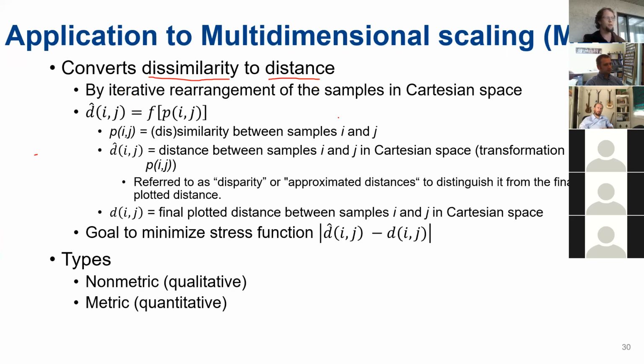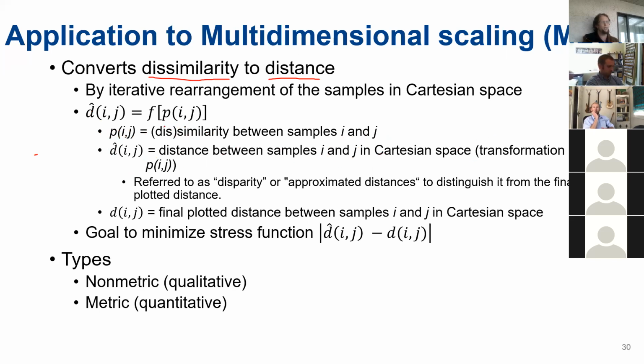And it does this by iterative rearrangement of the samples in Cartesian space, where in this case, P of I and J is just the dissimilarity between samples I and J. D hat is the distance between samples I and J in Cartesian space.